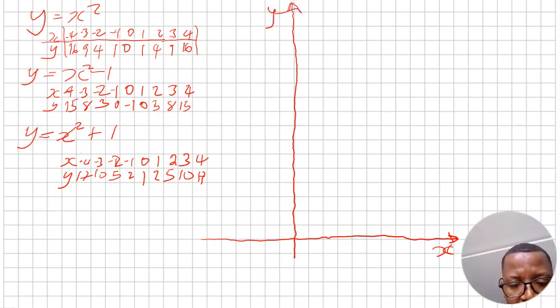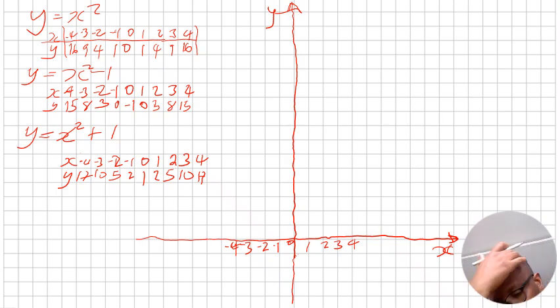Let's start by putting up our values. So we have 0 there, -1, -2, -3, -4, and then 1, 2, 3, 4.